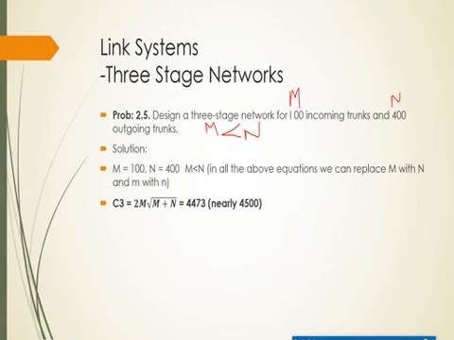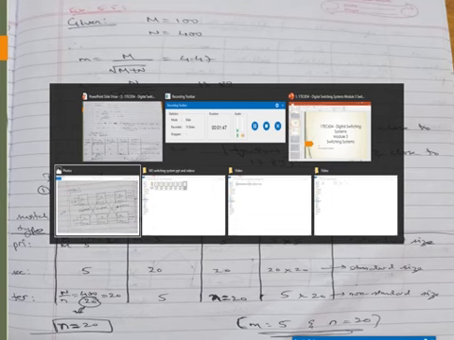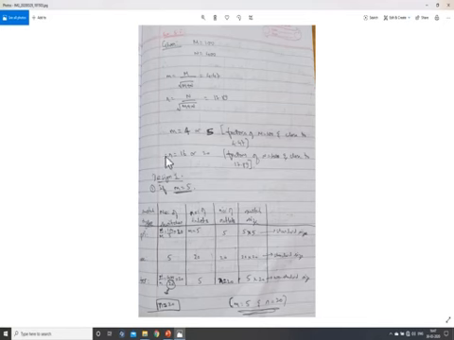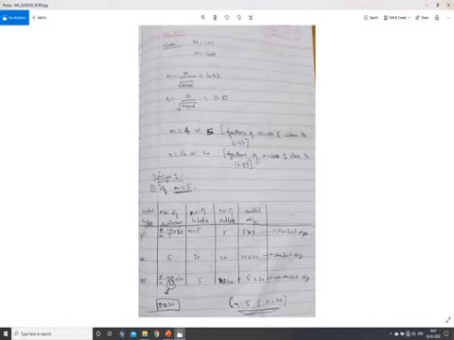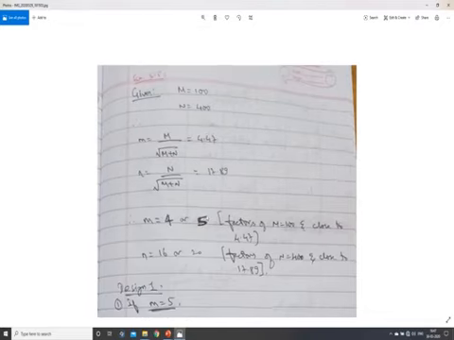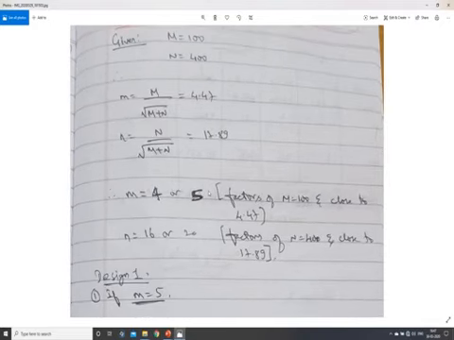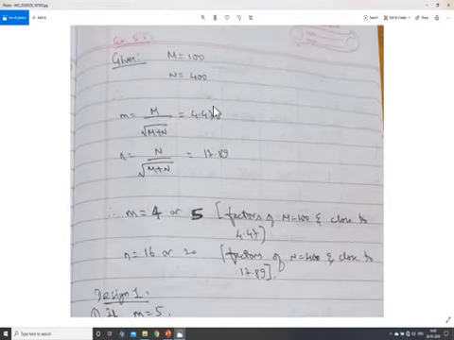Now let us see how we can solve this problem for the given parameters, where capital M is equal to 100 and capital N is equal to 400.